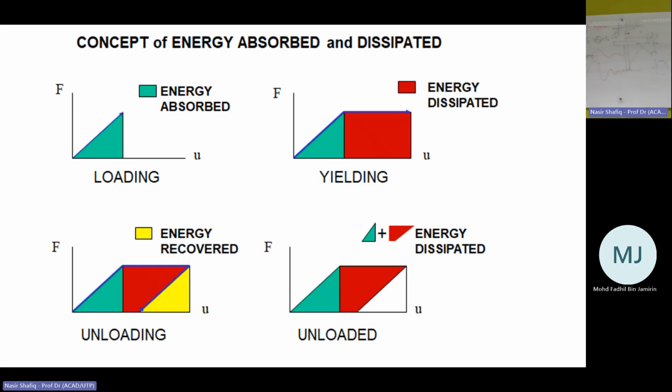When you pull to delta and hold, this energy is absorbed by the system. Energy is not released, 100% energy, right? Because when you leave it, it comes to the original position.